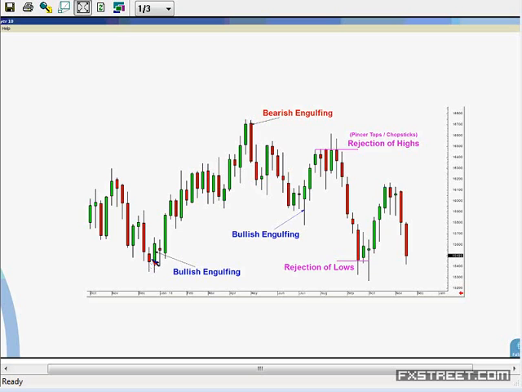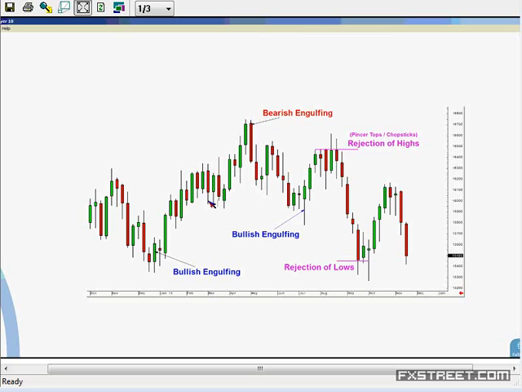So here again, bullish engulfing candle at the base, which is obviously where we want to be looking for them. We don't really want to be seeing engulfing candles in the middle of a trend. If they are, they're a continuation pattern. So here, bullish engulfing pattern, moves all the way up to a bearish engulfing.